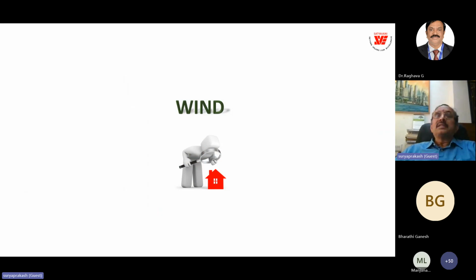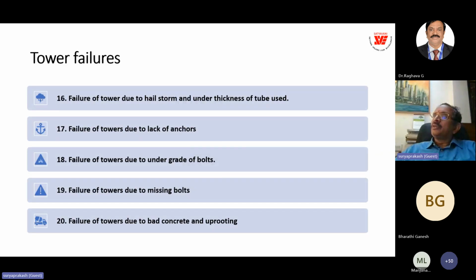Now I'll present some cases of failure due to wind, such as failure of a tower due to hailstorm. This is a very interesting study, where normally we design for the wind, but we don't design for the hailstorm. As per the code, we take 0.6 Vz square as the wind pressure.